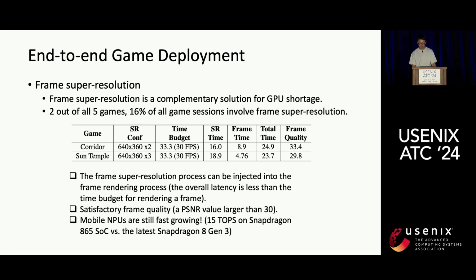By measuring the latency, we find that the frame super resolution process can be injected into the frame rendering process. Additionally, we want to highlight that mobile NPUs are still growing fast, because Qualcomm has made a great effort to make current mobile NPUs run more intensive workloads on their latest SoCs, like the Snapdragon 8 Gen 3. This improvement also brings more opportunities for our design.